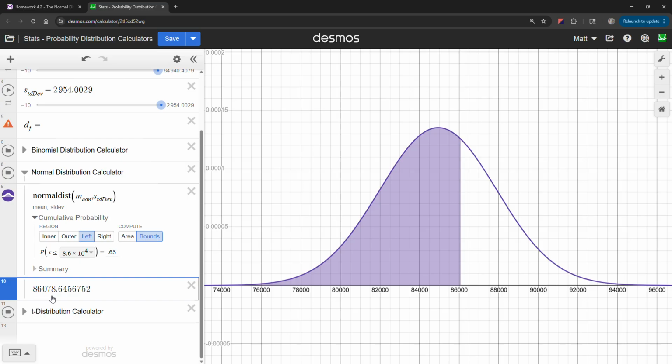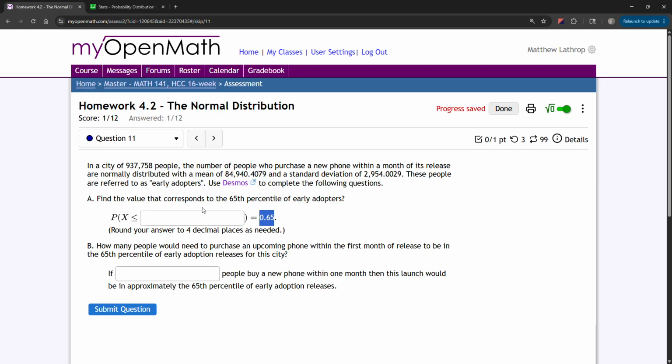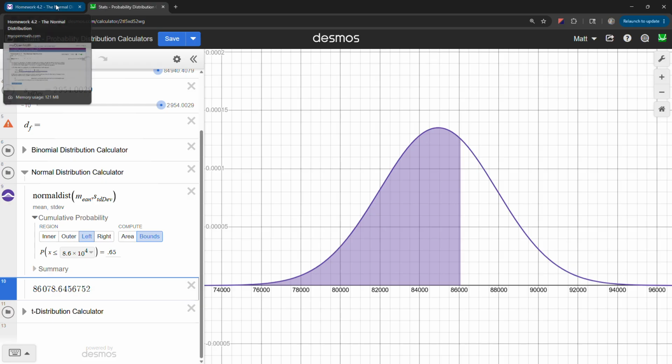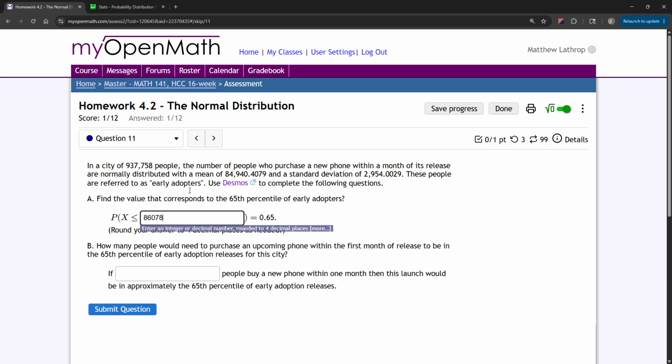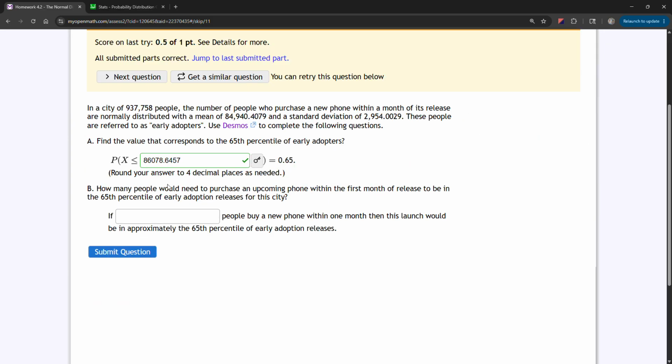So we get 86,078.6457. That's the number that represents the 65th percentile of early adopters.